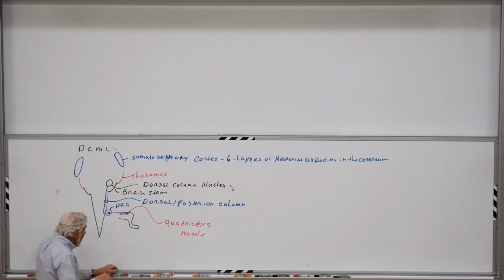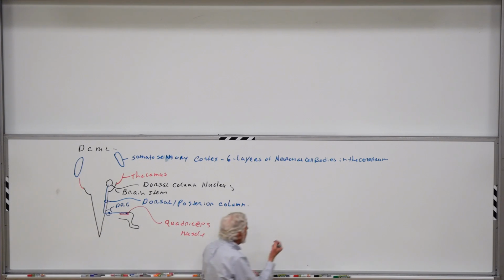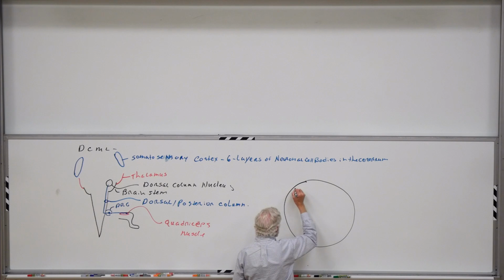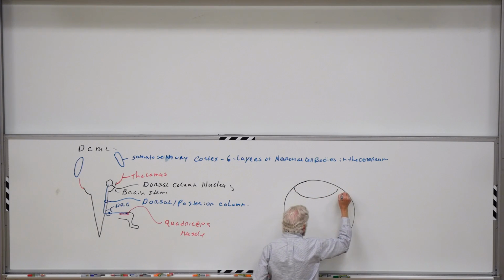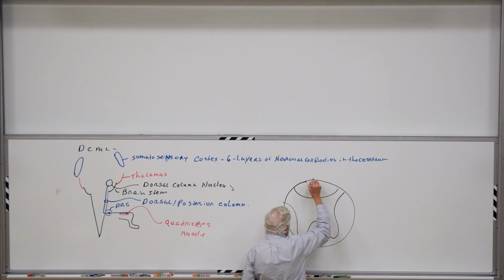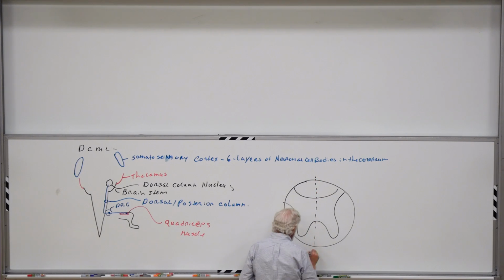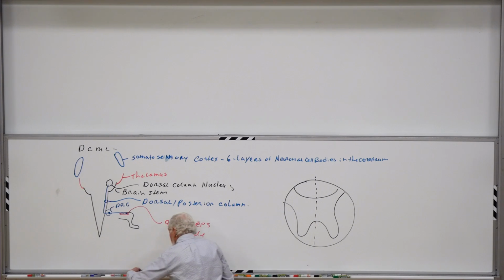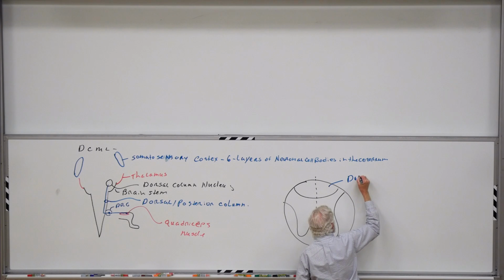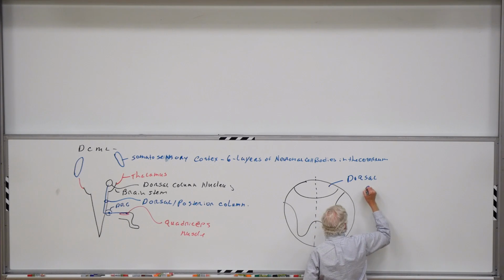And that when we looked at this in cross-section of the spinal cord, we showed the position of the gray matter, and we showed the bilateral symmetry. And we labeled this region up here as the dorsal columns.